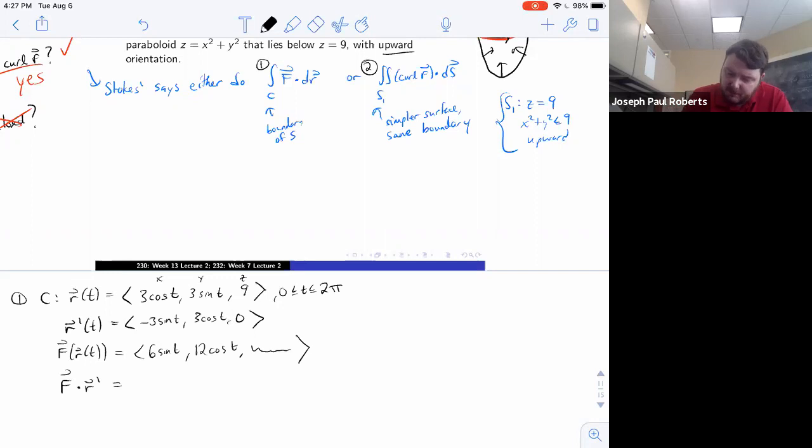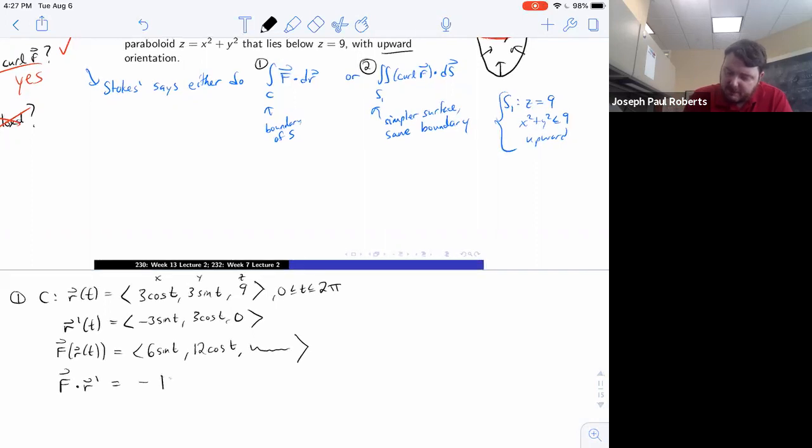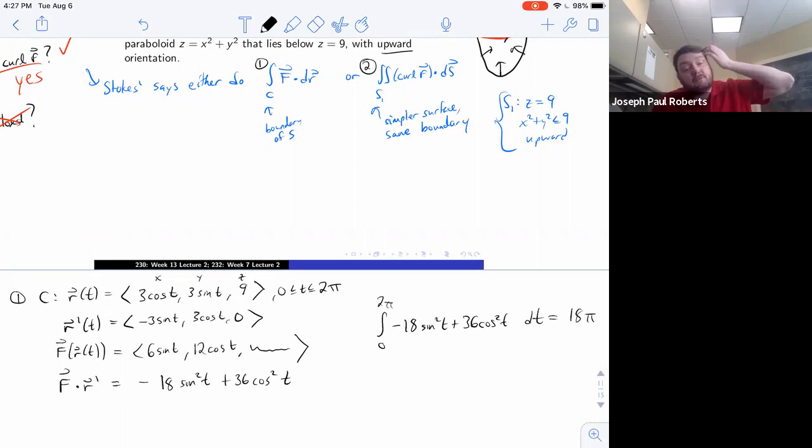So I just get minus 18 sine squared t plus 36 cosine squared t. And so I would do the integral from 0 to 2 pi of minus 18 sine squared t plus 36 cosine squared t. And then I just get 18 pi, because from 0 to 2 pi, cosine squared or sine squared are both pi. If you don't remember that, make sure you remember the double angle formula.